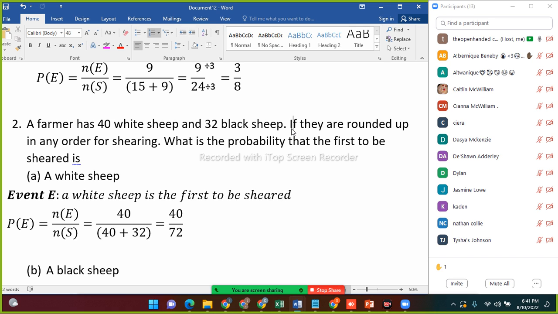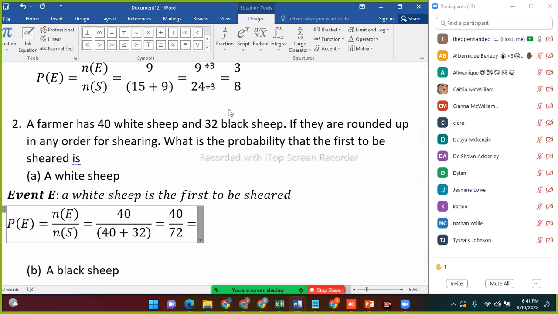Yeah, 8 is perfect. If we use 8, what's going to be our numerator? 5. 5, very good. What's going to be our denominator? 9. 9, very good. So it's 5 over 9.